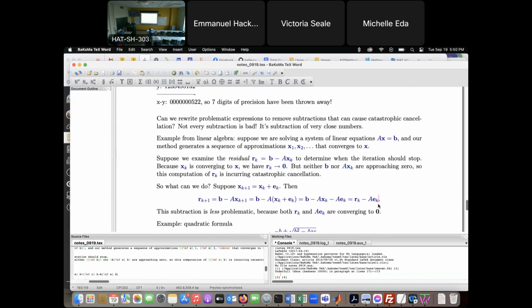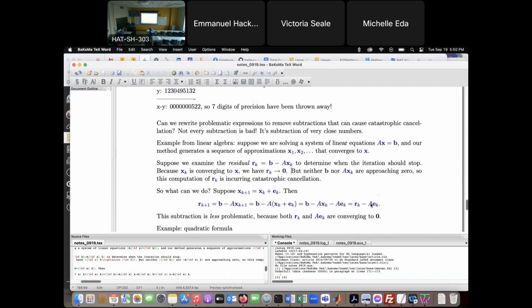Cancellation can still be a little bit of a problem, but not nearly the problem that it was using the original definition. So depending on the problem, there are often ways to work around it by using a different approach. Sometimes you can rework your formulas, like I did here, to get rid of a problematic subtraction.